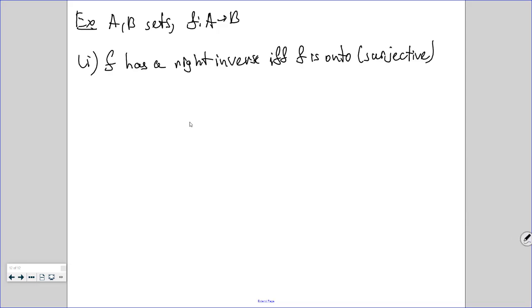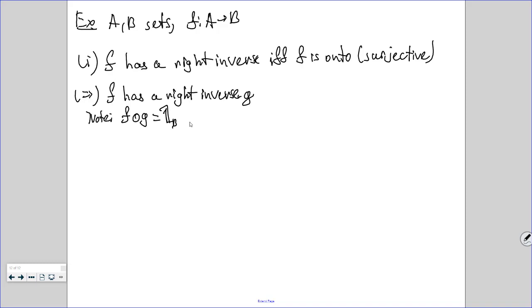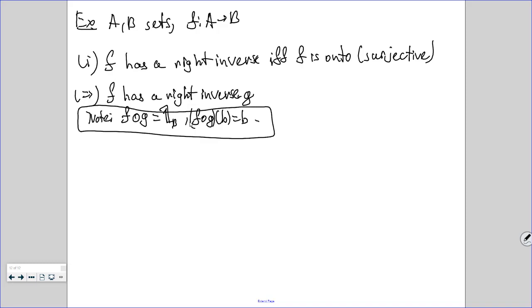Since we have if and only if, we need to do it in two directions. Suppose f has a right inverse function g. Note, if you don't know what right inverse means, it means the composite function of f and g is the identity function. It means f of g of b is equal to b. Now let's do our proof.